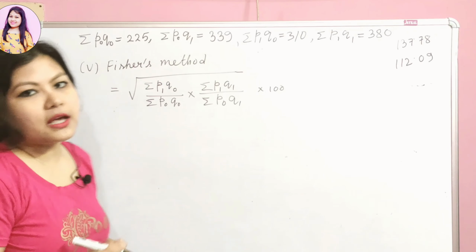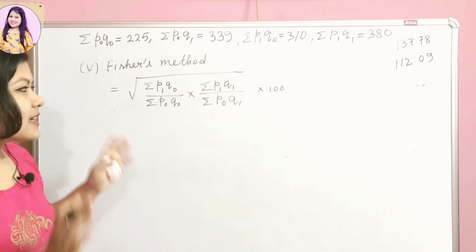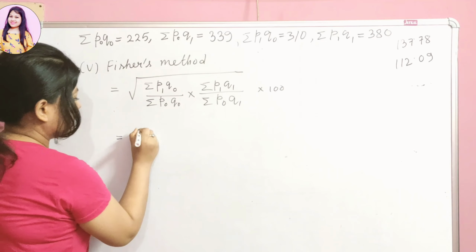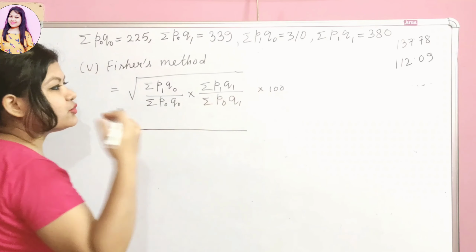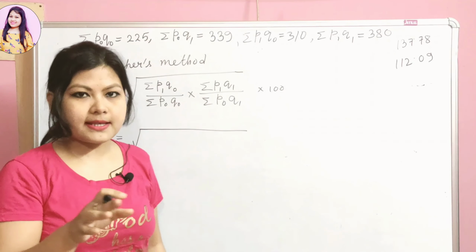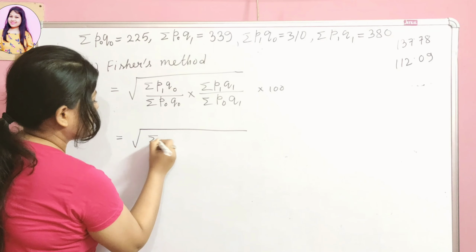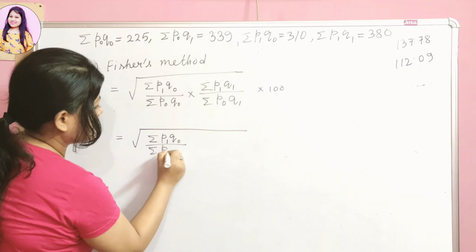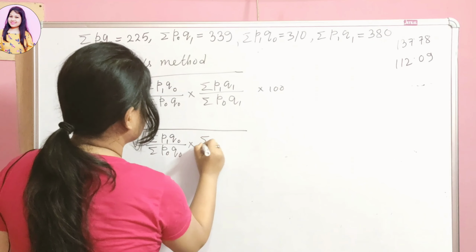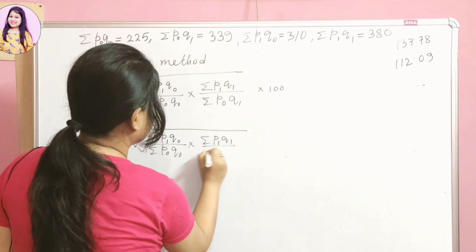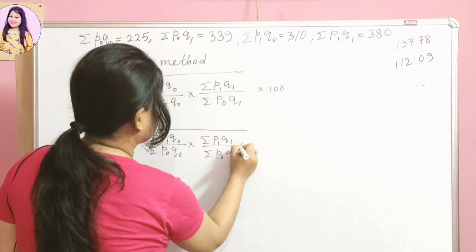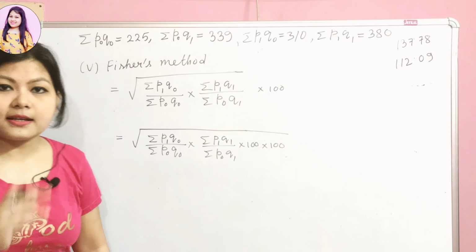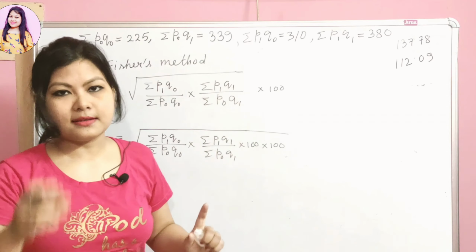So this is the formula for Fisher's index number, but if you simplify further, since 100 is outside the square root sign, if you keep the value inside the square root sign, it becomes 100 into 100, that means 100 squared, and if you take the square root, it becomes 100.